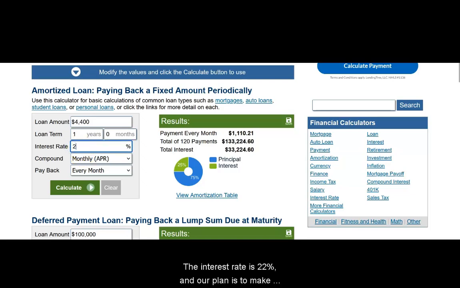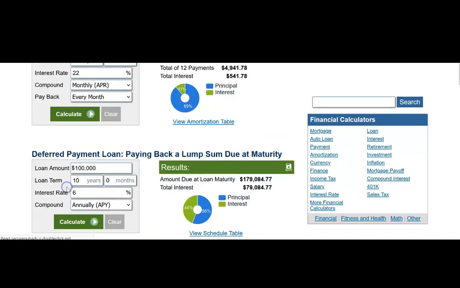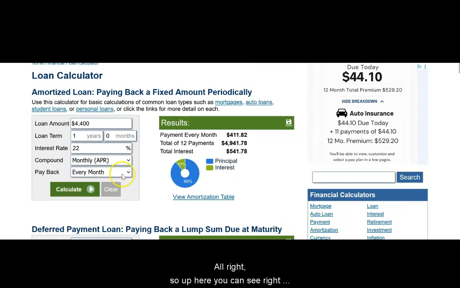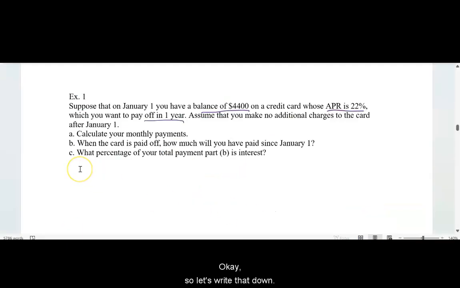The interest rate is 22%, and our plan is to make monthly payments. So now let's go ahead and click calculate. All right, so up here you can see right there, our monthly payment would need to be $411.82. Okay, so let's write that down.